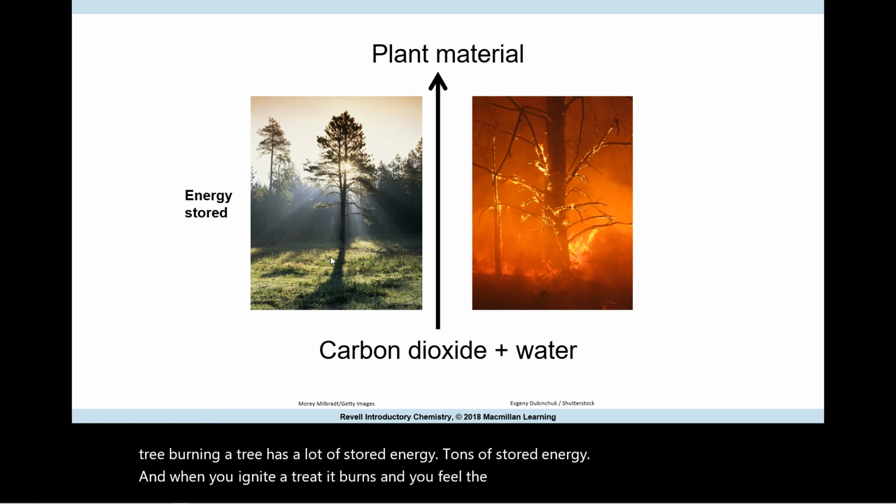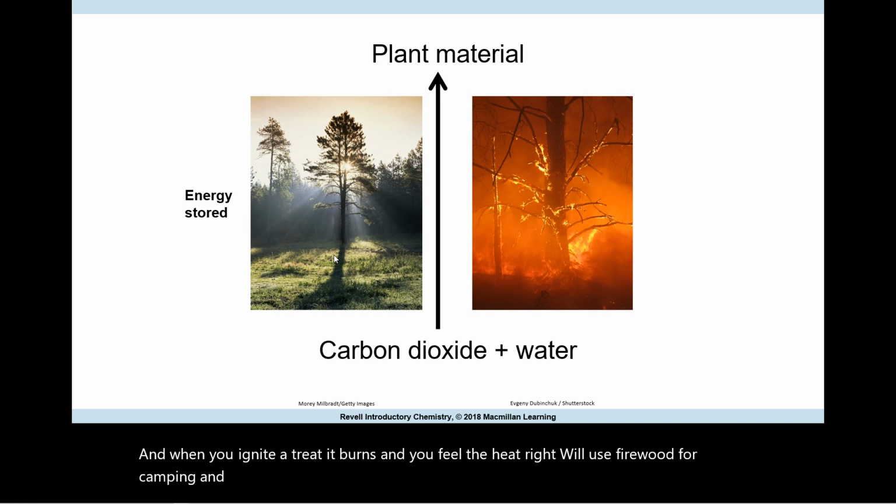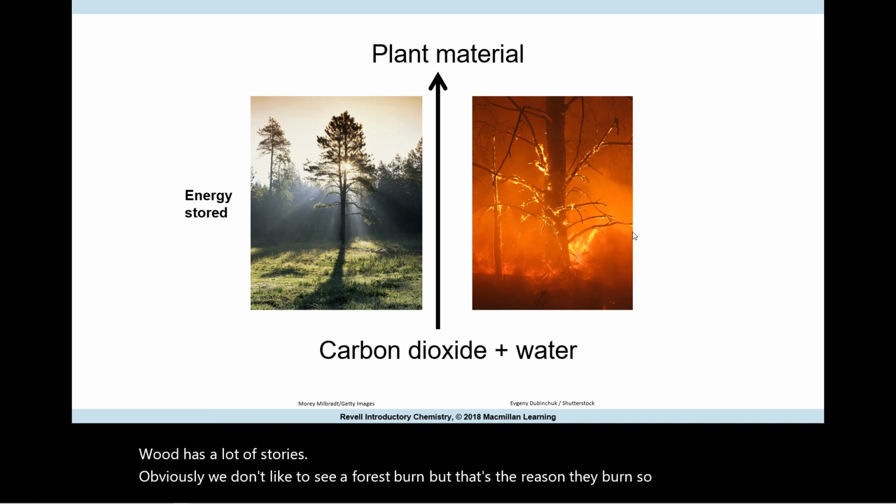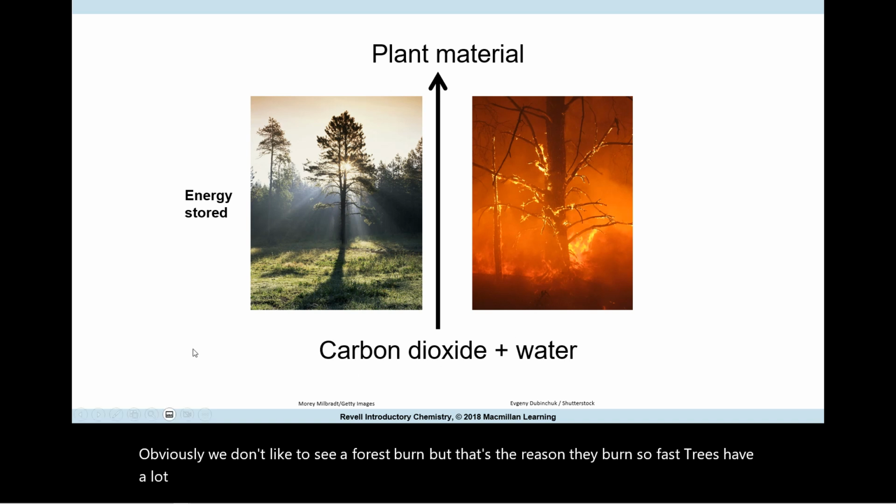We use firewood for camping because it produces heat. Wood has a lot of stored heat. Obviously, we don't like to see a forest burn, but that's the reason they burn so fast. Trees have a lot of energy inside of them. And every time we have a combustion reaction, we release carbon dioxide and water.